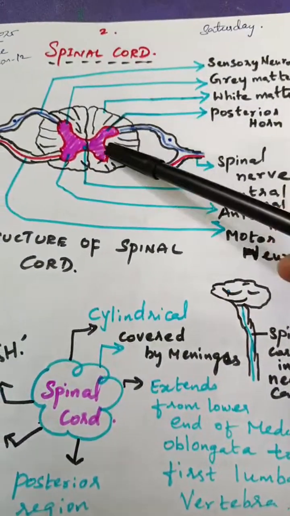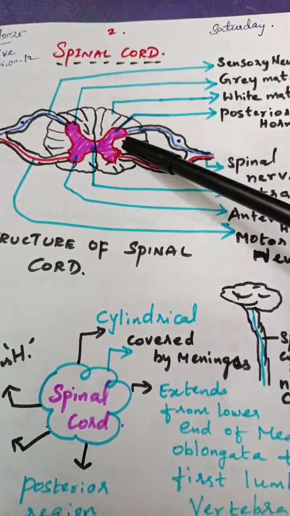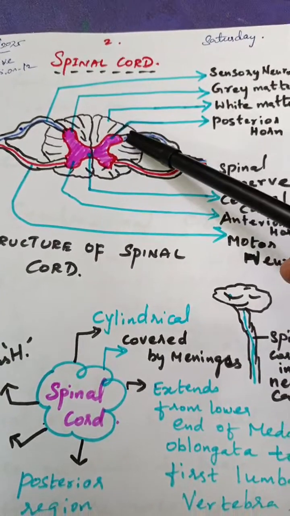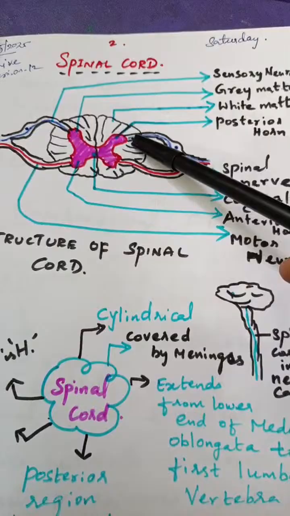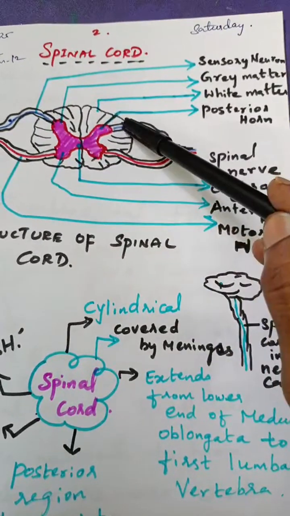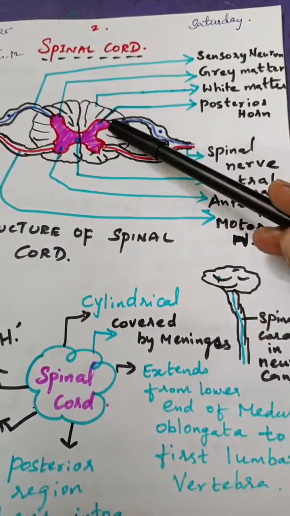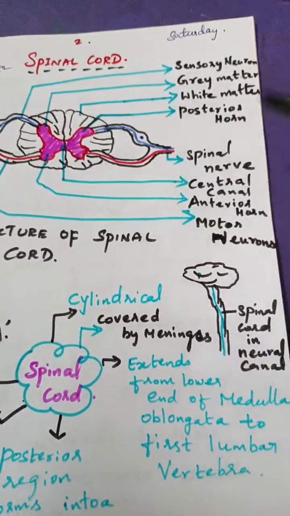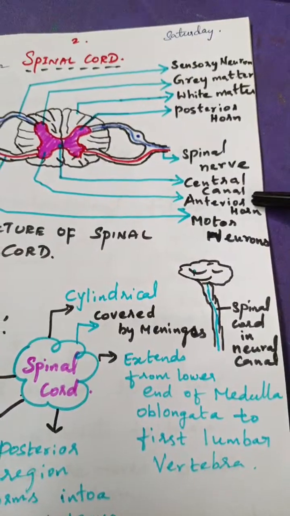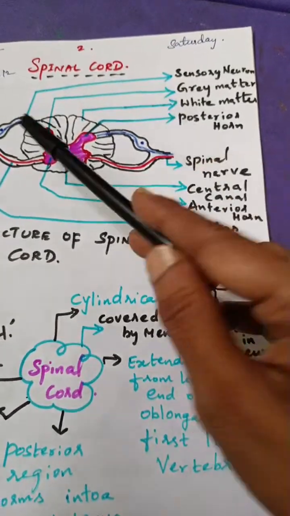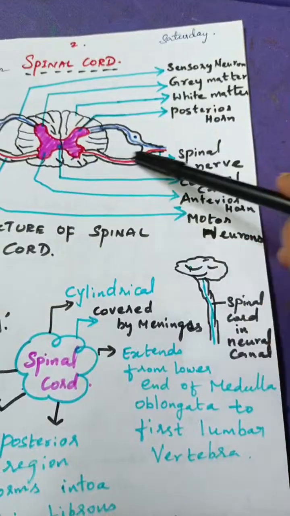The H-shaped gray matter has two parts, two horns we can say. The top part is known as the posterior horn, and the two lower portions are known as the anterior horn. These are joined together by the nerve fibers.